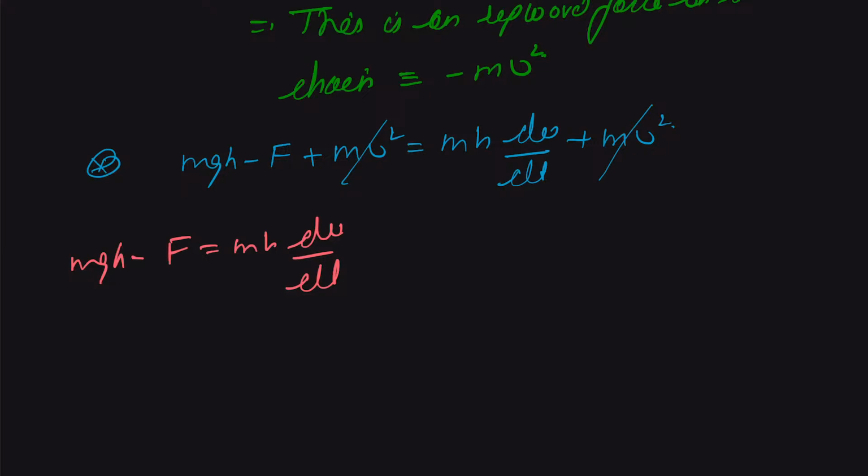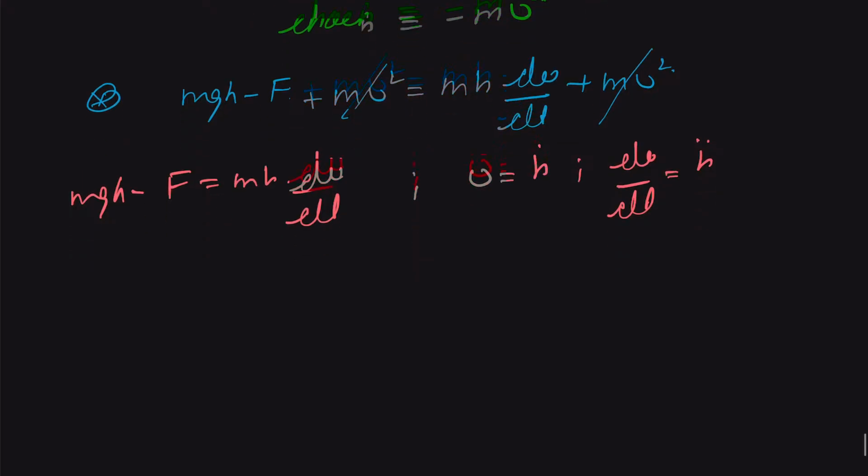And we know that our velocity is the single derivative of our height, so its derivative obviously will be the double derivative of height.